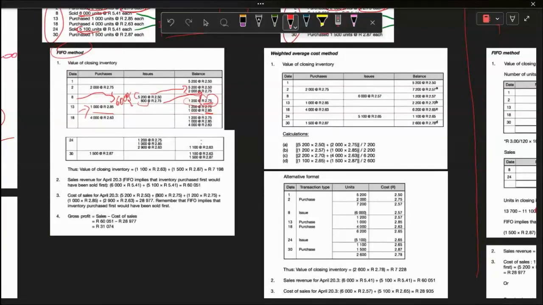But for the weighted average method, that's the difference. You just need to get the average. So if you buy new stock at a new price, you need to get the new average. Making sense?